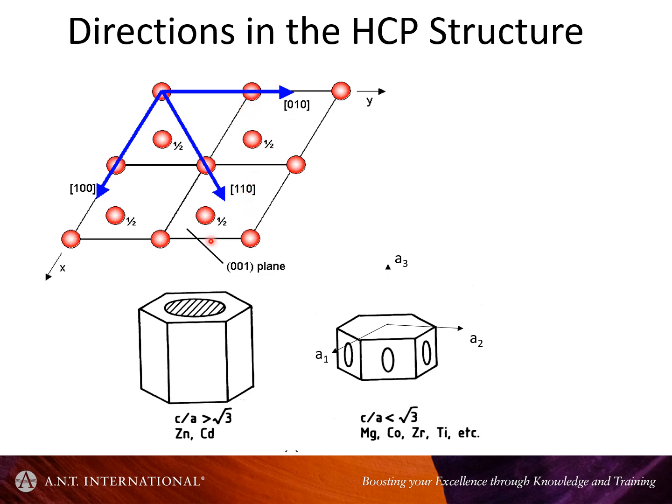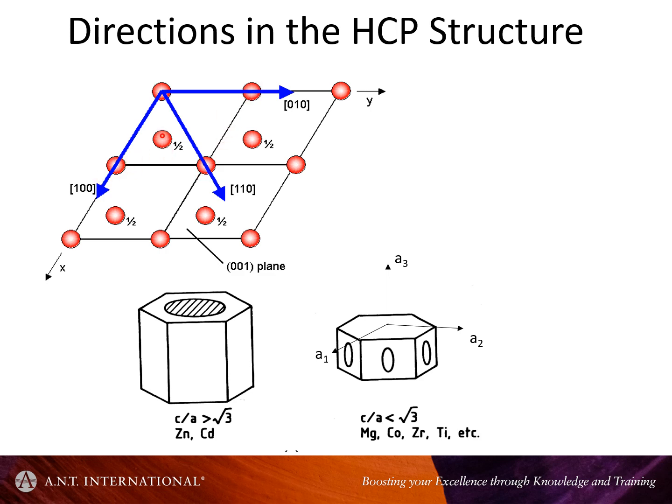The point I want to show you here is, here we have the atom positions relative to some base origin, and then the next atoms are here, here, and here.